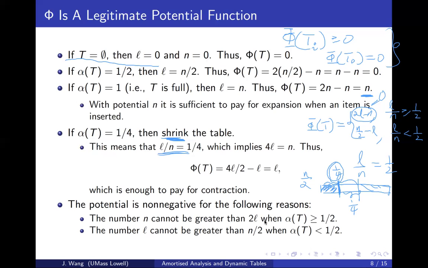So 2L is equal to n over 2. So we have n over 2, that's 2L, and 2L minus L is L. So L is equal to 1/4 of n, but after halving, it's equal to 1/2 of the size of the new table, after shrinking, after halving.